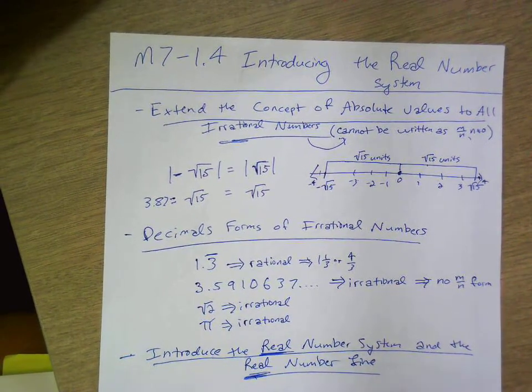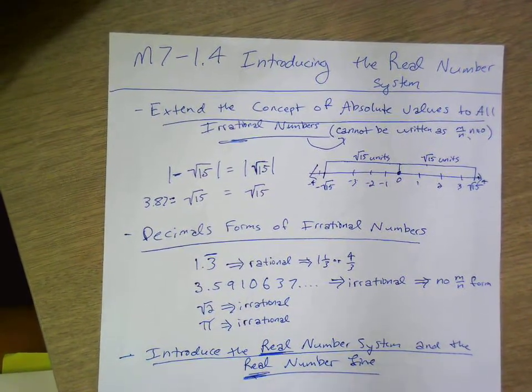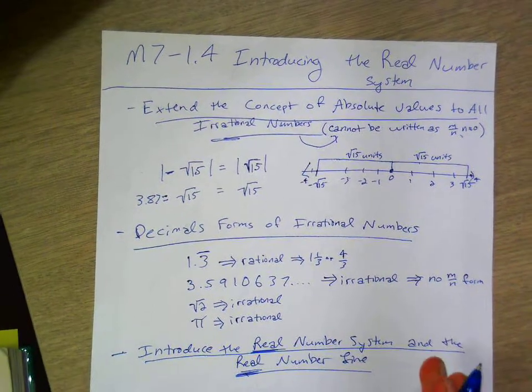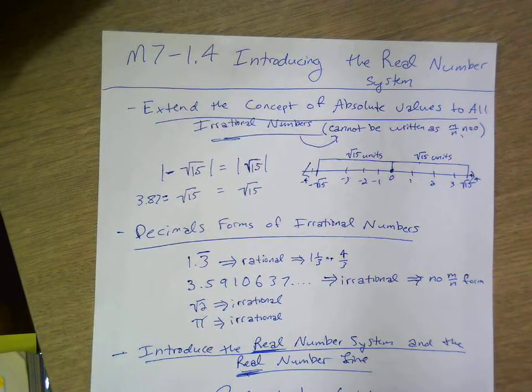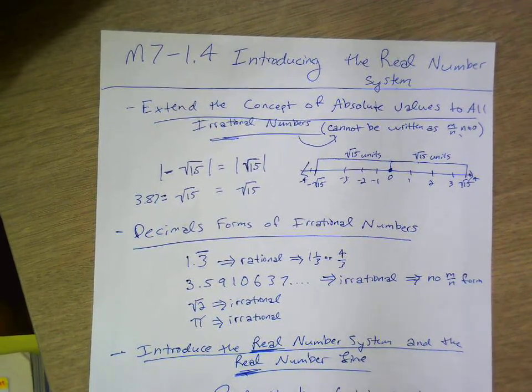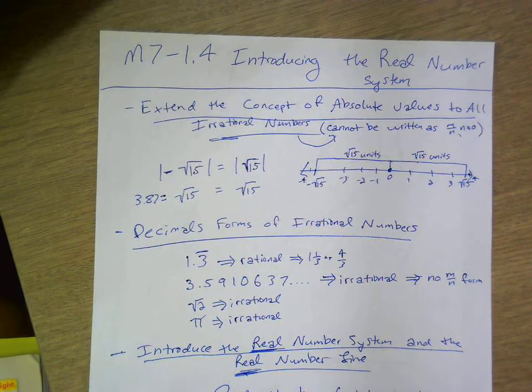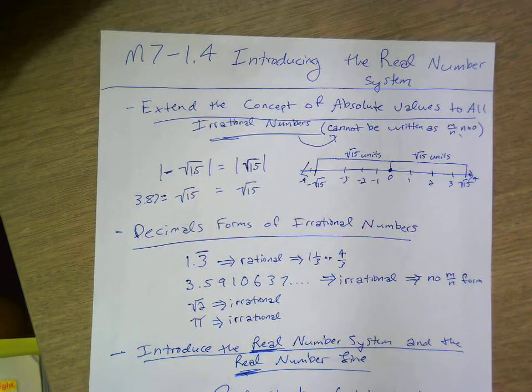You have seen that the number line is made up of rational and irrational numbers. They're both real. So when we talk about real numbers, not imaginary, they are real. But we have two kinds. We have rational numbers.